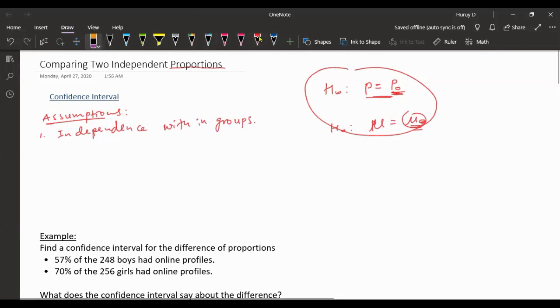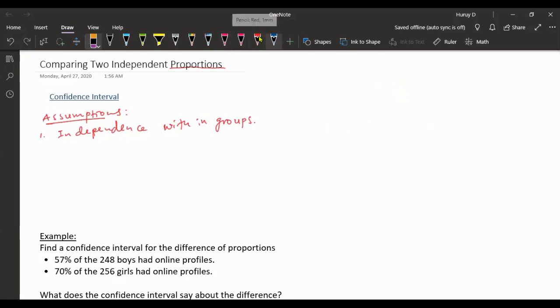What do I mean by this? Now we are considering two different groups, so the elements of each group have to be independent from each other. This is within each group, in both groups.